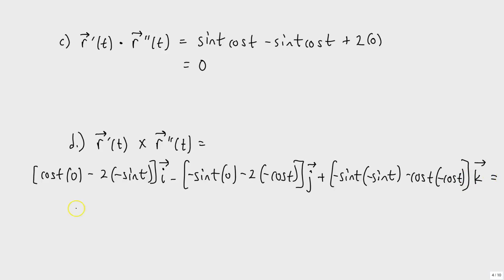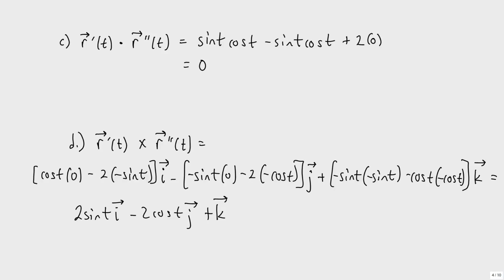And then we can clean that up. That'd be 2 sine t times vector i minus 2 cosine t times vector j plus k. So that would be their cross product. So that, again, that would be the result.